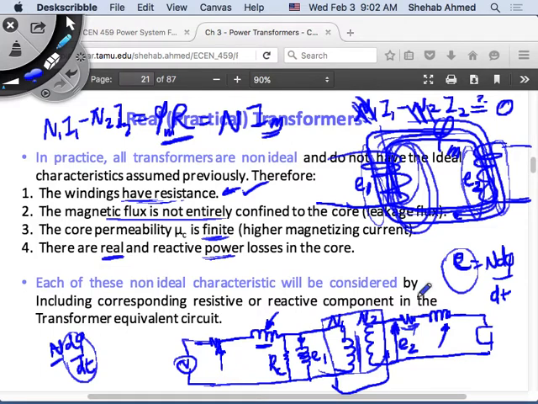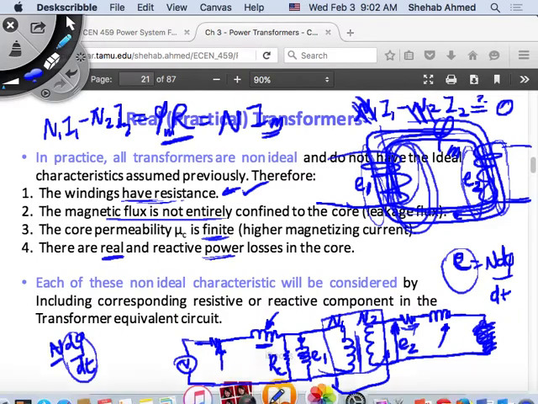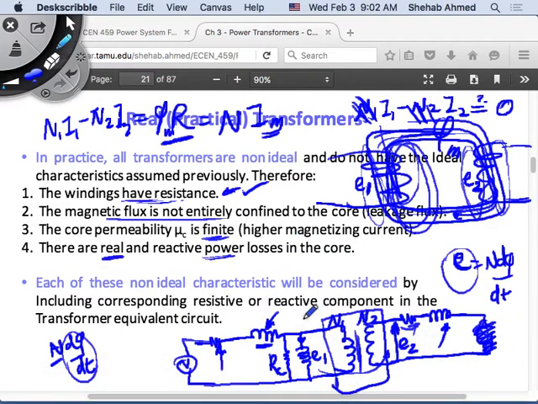But if there's no load on the secondary side, and I represent these two components as something in series here on the secondary side, is current going to flow through them?